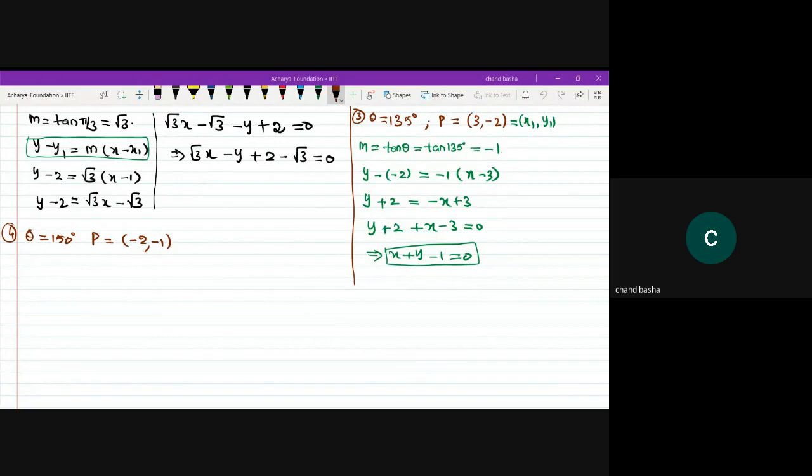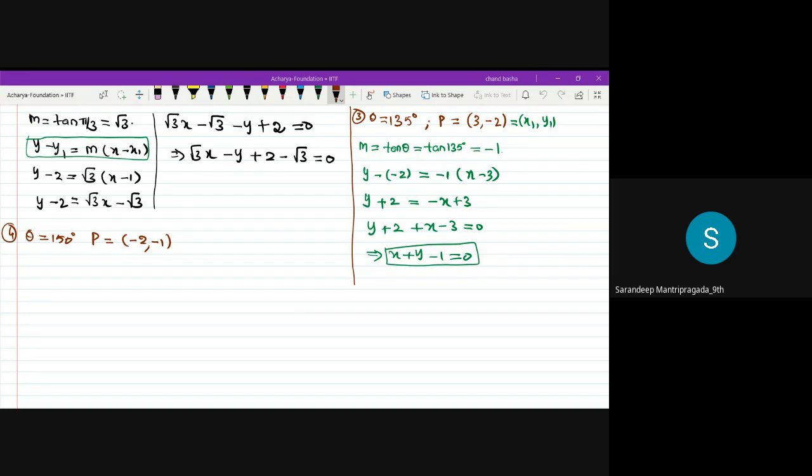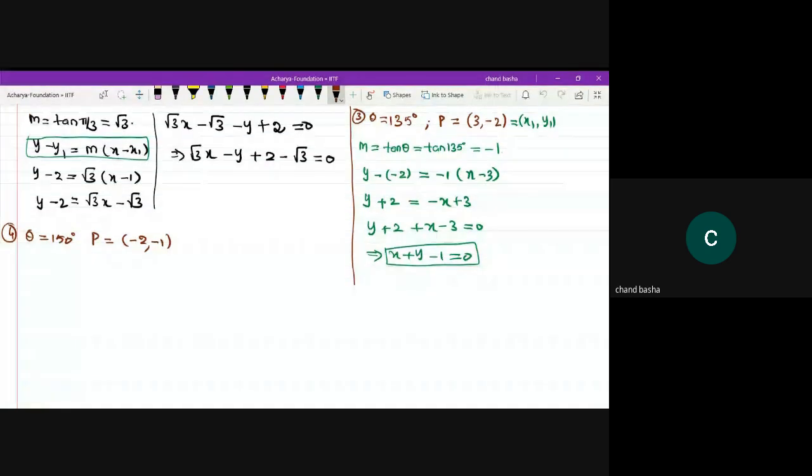Shravani, what is slope? Minus 1 by root 3. Harshavardhan. Very good. Let's compare your answers.